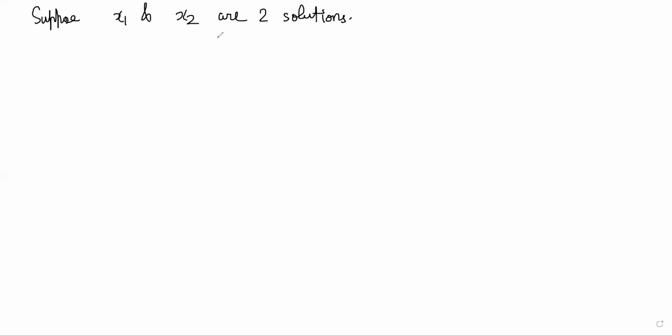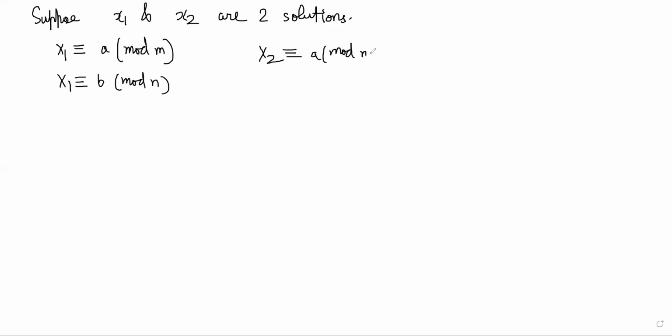So if x1 and x2 are two solutions, you can just take the difference. x1 is a mod m and x1 is also b mod n, and similarly x2 is a mod m and x2 is also b mod n.